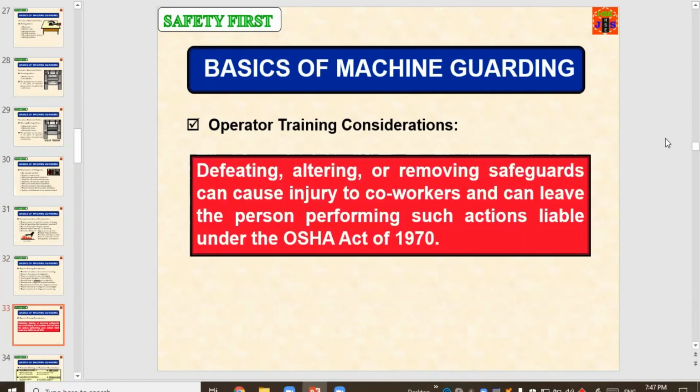You have to remember, defeating, altering, or removing safeguards can cause injury to co-workers and can leave the person performing such actions liable under the OSHA Act of 1970.